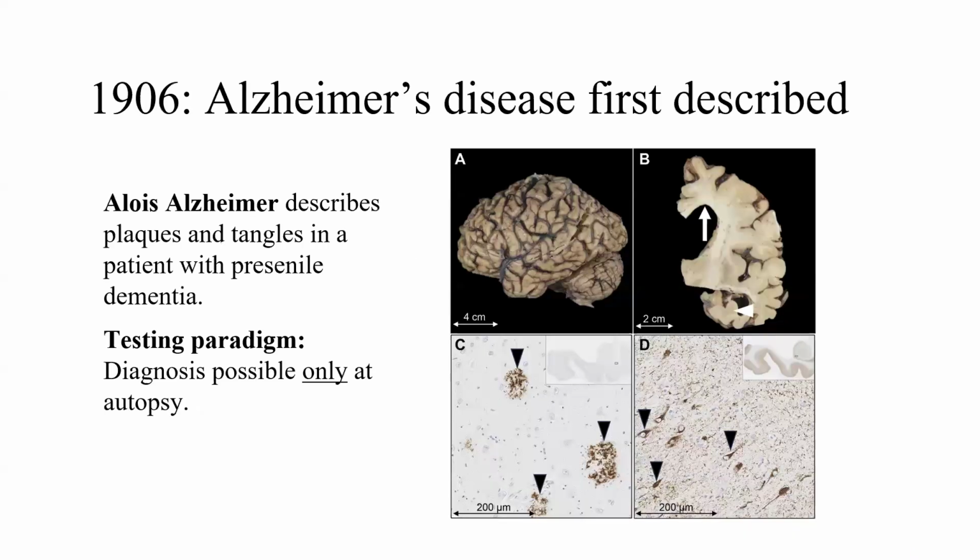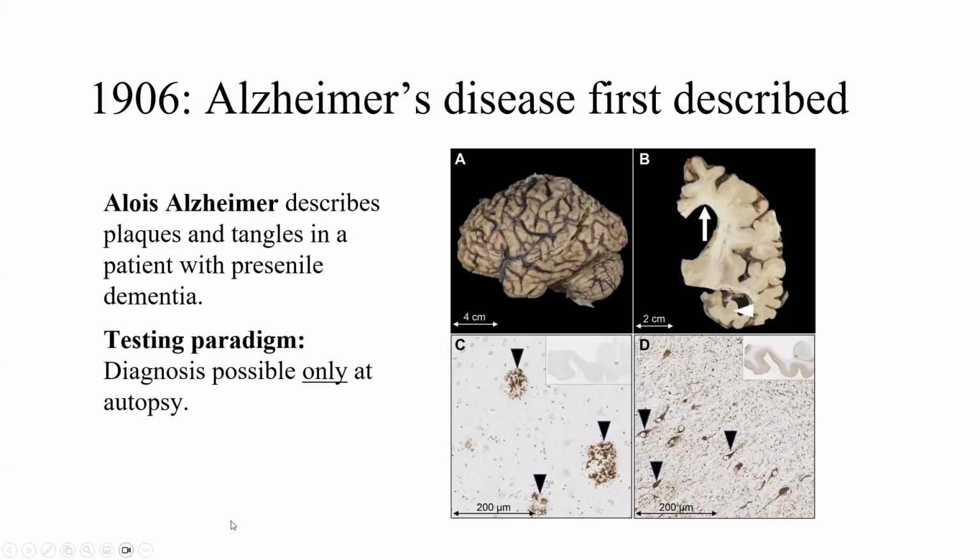So in 1906, Alzheimer first described Alzheimer's disease with the help of some Italian neuropathologists. First, we noticed this diffuse global atrophy that we're seeing here, as well as changes in ventricle size and in the hippocampus, along with the aggregation of amyloid beta into plaques and neurofibrillary tangles.